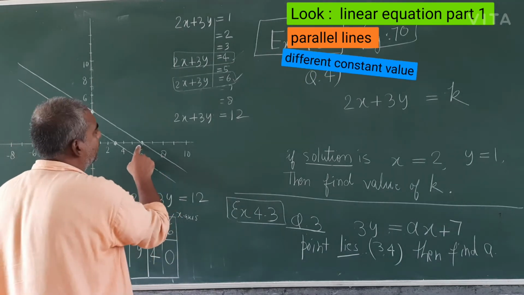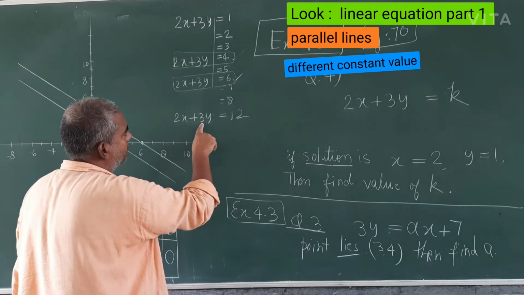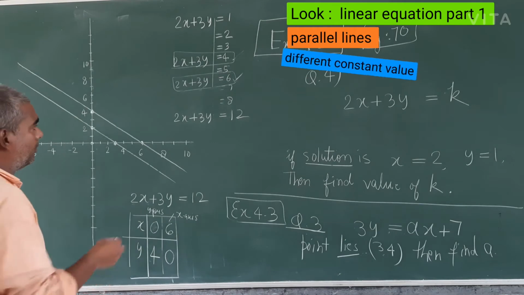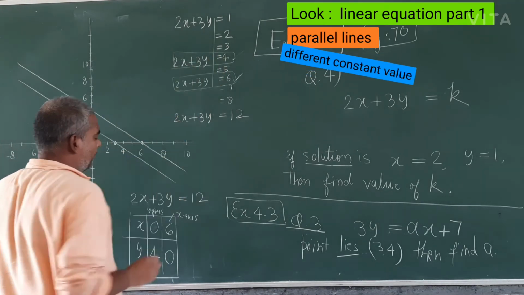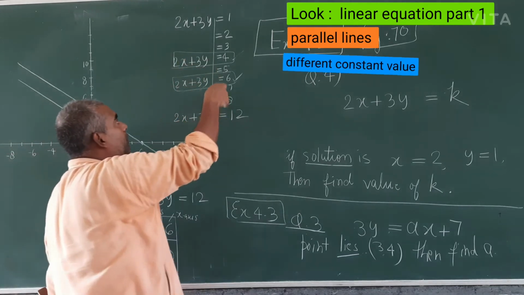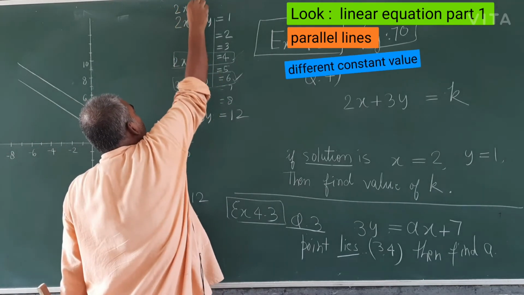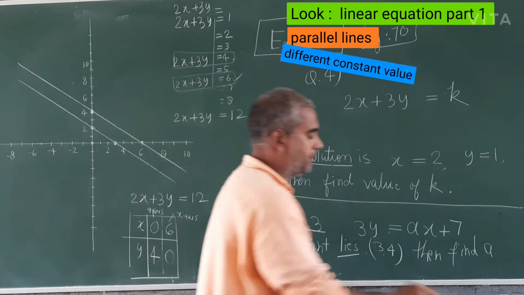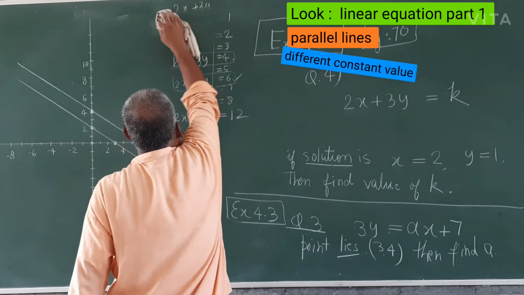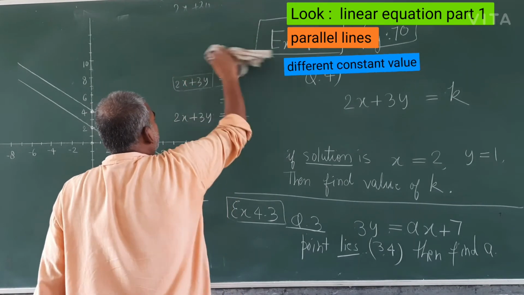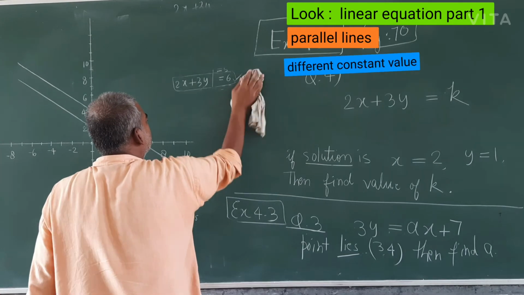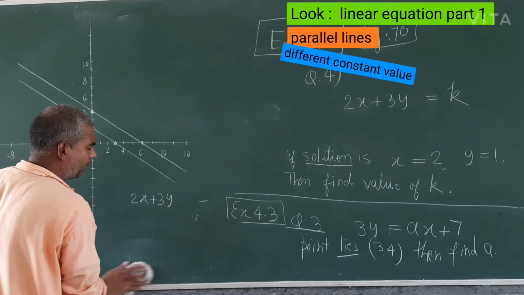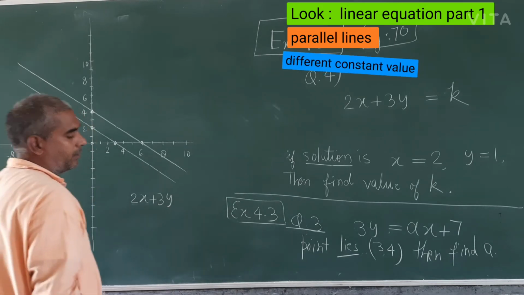12 we have taken. After that 6, 12, 18. If I take another one with the same 2x plus 3y, in the first video I told you I have drawn this 2x plus 3y because I don't know the value of k.